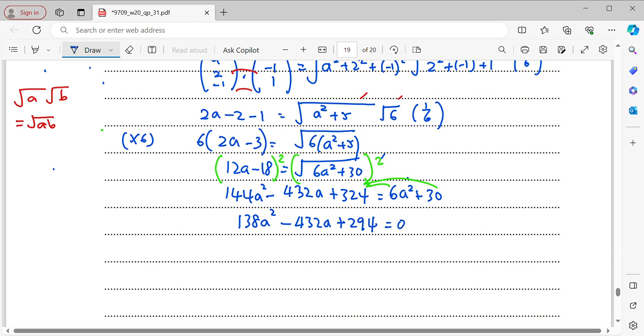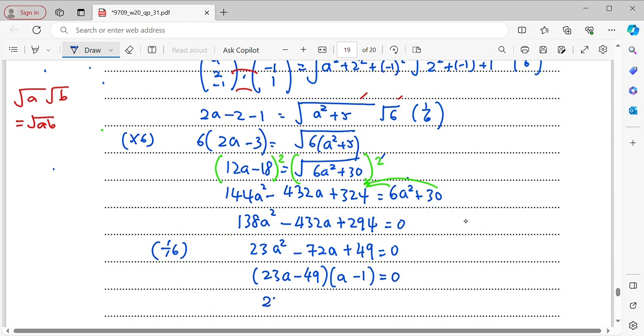That equals to 0. So all these terms can be divided by 6. So when I divide by 6, you will be getting 23a squared minus 72a plus 49 equals to 0. And this quadratic equation can be factorized into 23a minus 49 multiplied with a minus 1 equals to 0.